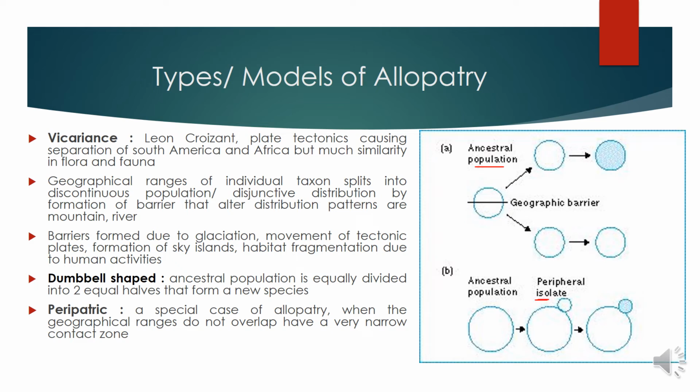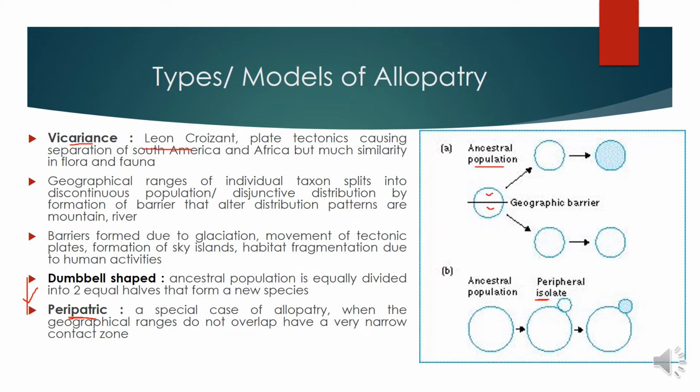So in the dumbbell shaped model, we have two equal sized populations, but in the peripatric model, the initial population is much larger and the peripheral population is much smaller. So there is dissimilarity between the two divided populations. So these are the two models of allopatry.